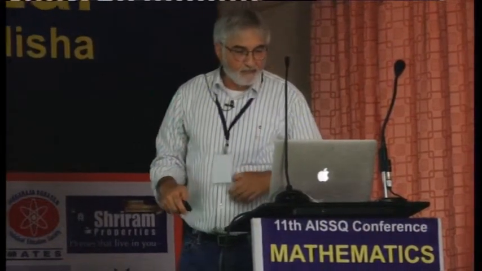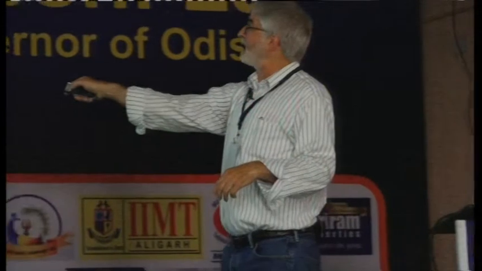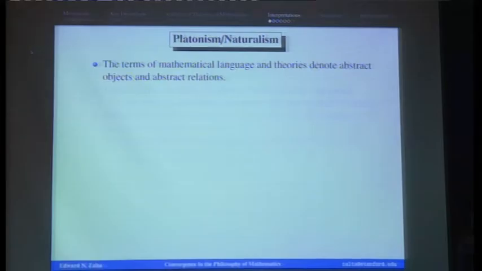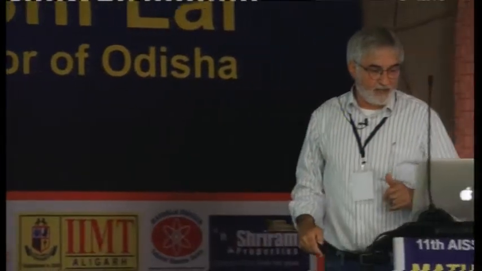Now, each different way of interpreting the formalism gives us a precise way of understanding one of those philosophies of mathematics. Clearly, we've already got Platonism, and I'm going to skip this slide. So we've already got Platonism because the terms of mathematical theories denote abstract objects and relations. Platonism comes for free, so I'm going to skip that one.